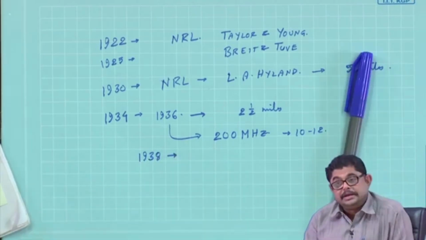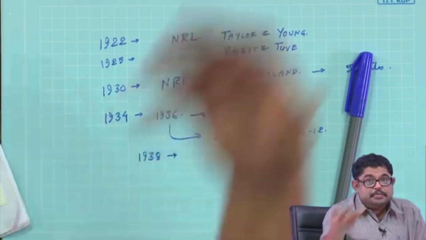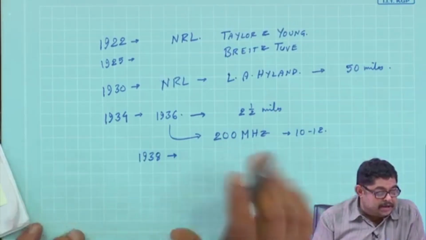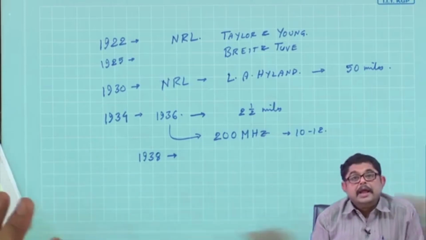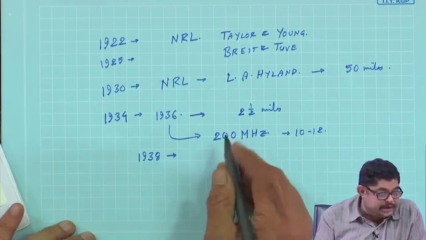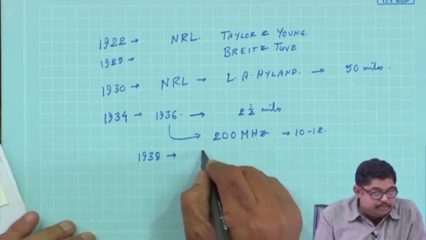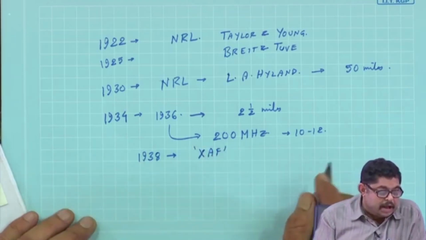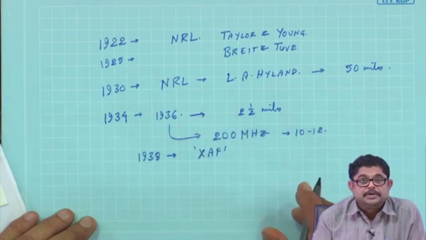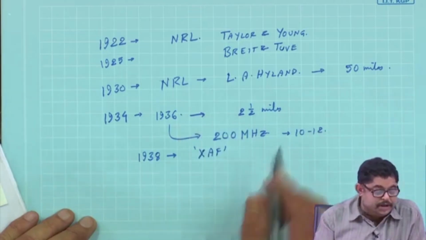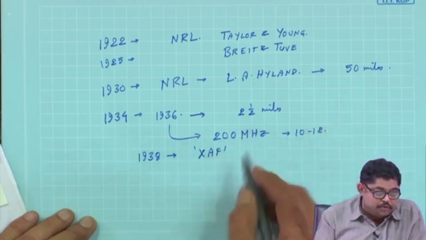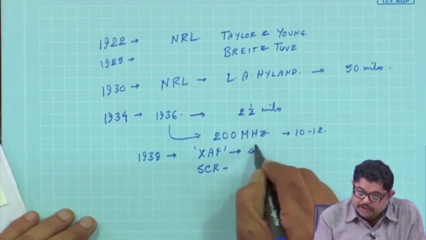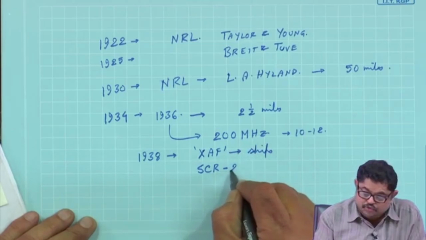Remember, 1938 means the Second World War is coming, it starts in 1939. At that time in 1938 the US Army had a pulse radar system, initially called the XAF system, which battleships installed in World War II, and there was another system for aircraft, and SCR 268.